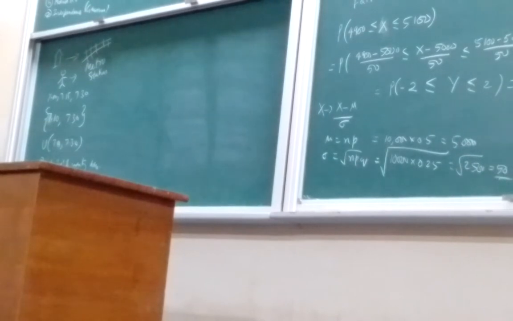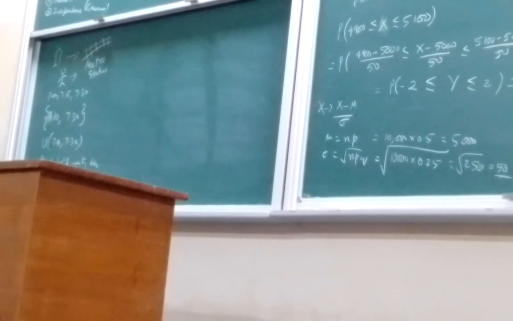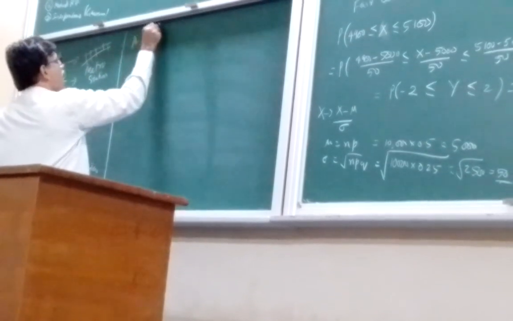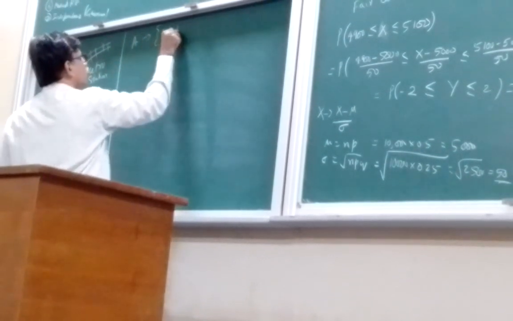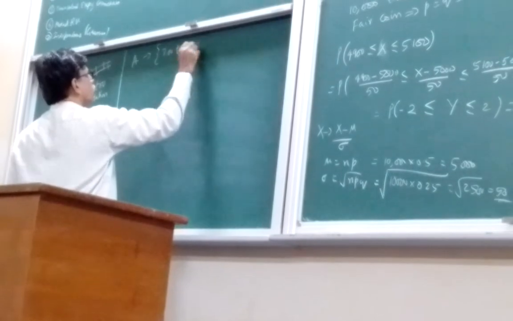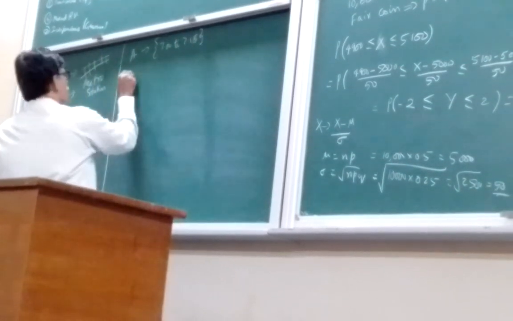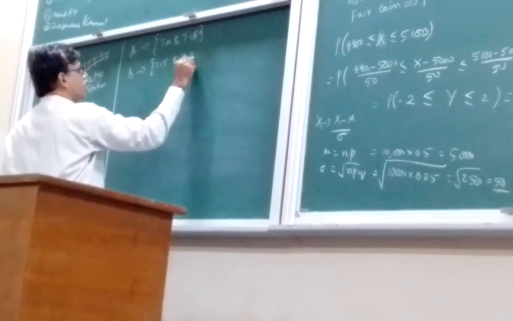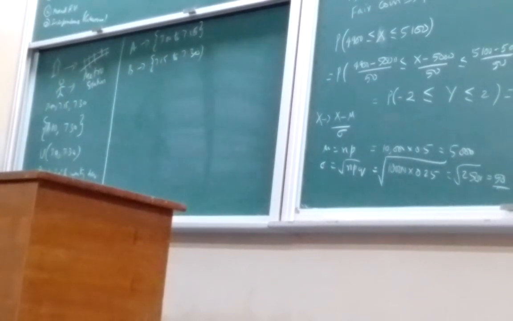It is now not going to be uniform. We can see that. First, we can take the two events. Event A, arrival time is between 7 to 7:15. B, between 7:15 to 7:30. Based on that, my waiting time will change.